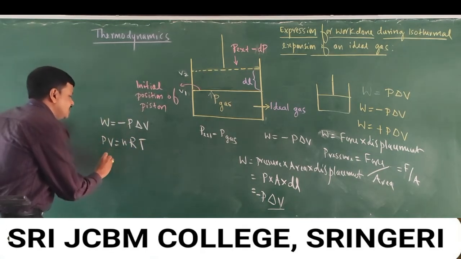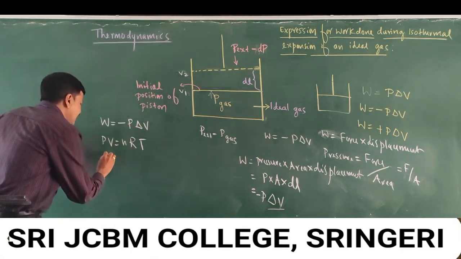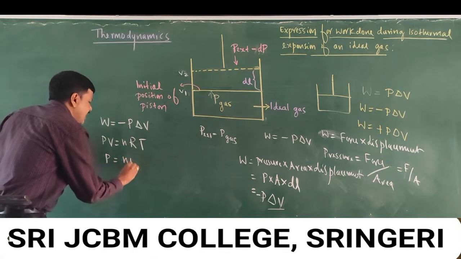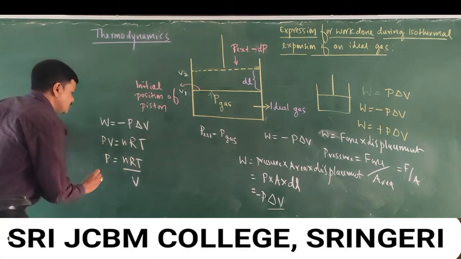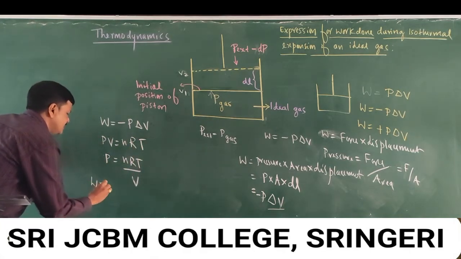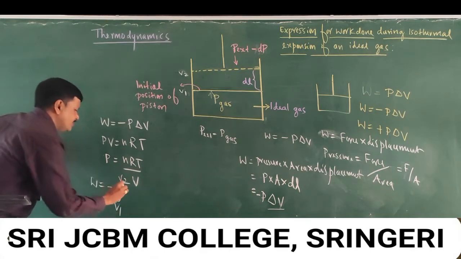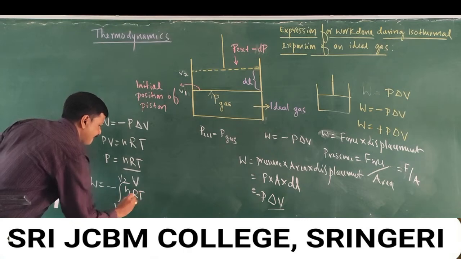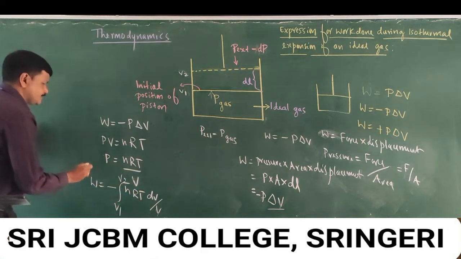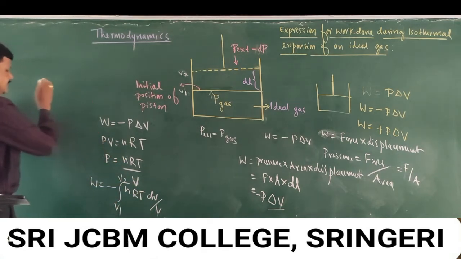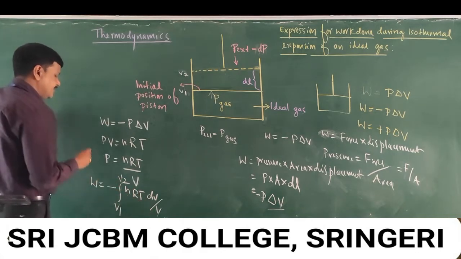So you can substitute here P equal to nRT by V. Therefore W is equal to minus integration from V1 to V2 of nRT into dV by V, right. So then W is equal to minus the integral from V1 to V2 of nRT dV by V.